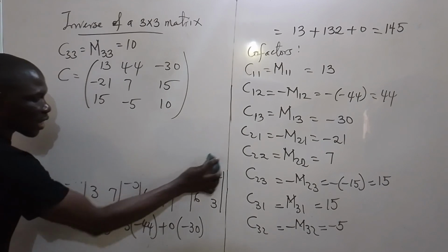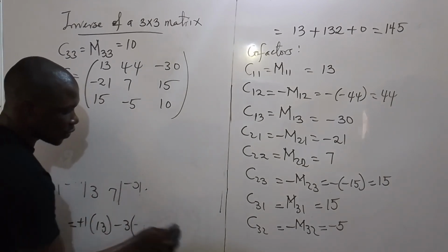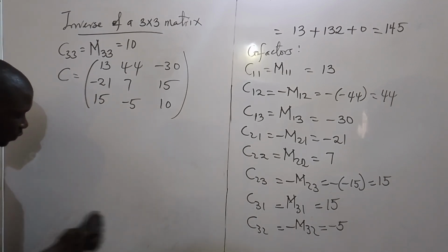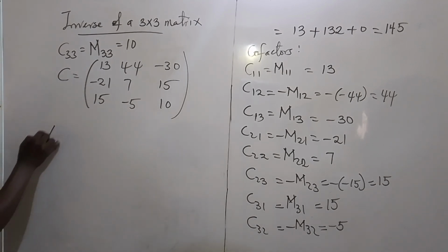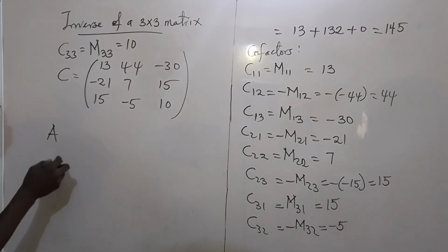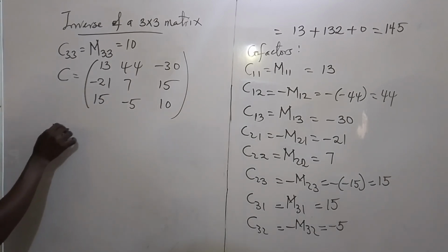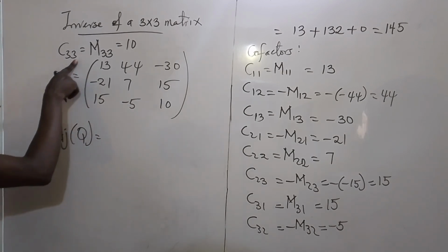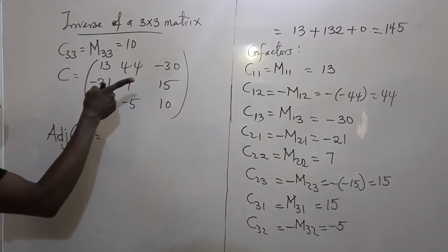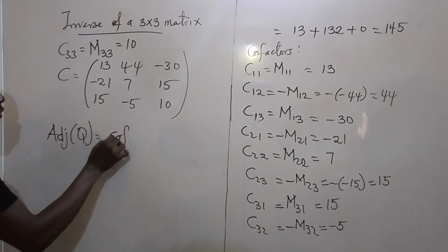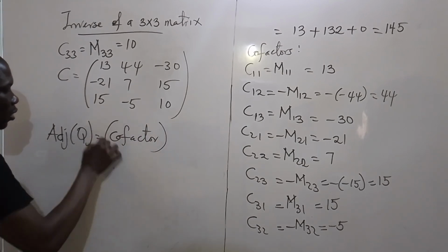Now, the next step here is to get the adjoint of the matrix. The matrix we have is matrix Q. So the adjoint of matrix Q will be equal to the cofactor of matrix Q transposed.